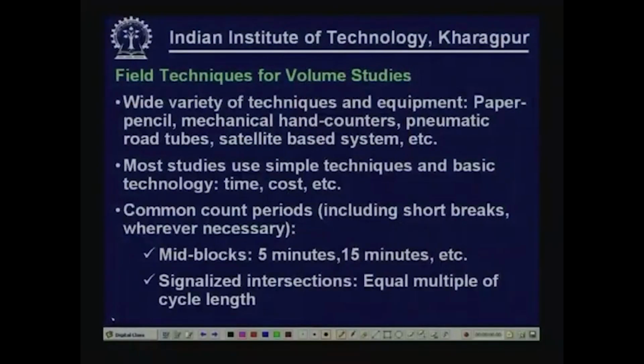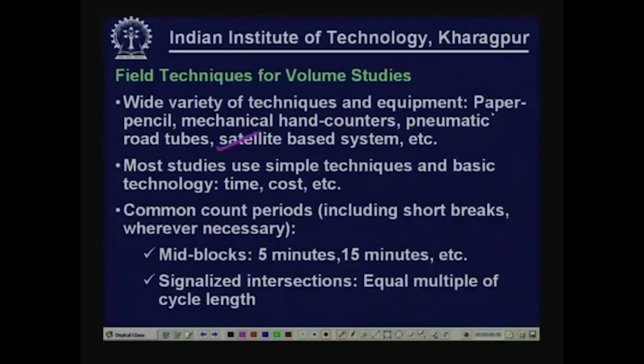A wide variety of techniques are available, starting from paper and pencil, mechanical hand counters, pneumatic road tubes, up to even satellite based systems, etc. I have mentioned them in the order of simplest to most advanced, technology supported ways and means for doing volume studies.